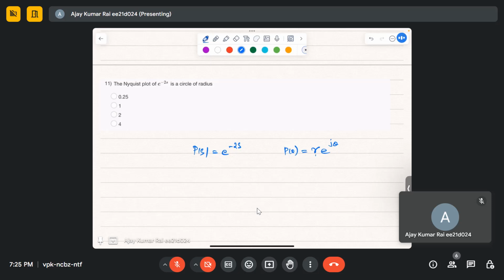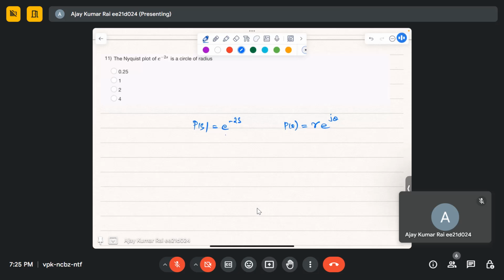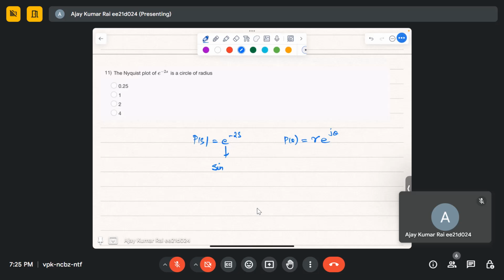Here R is the magnitude, the radius of the circle. Let's first find the sinusoidal transfer function, which is e to the power minus j 2 omega, which is cos of 2 omega minus j sine 2 omega.